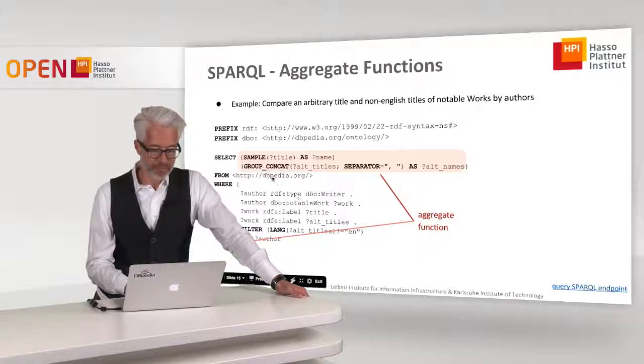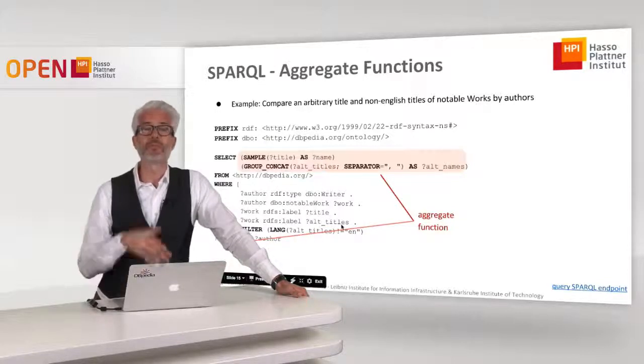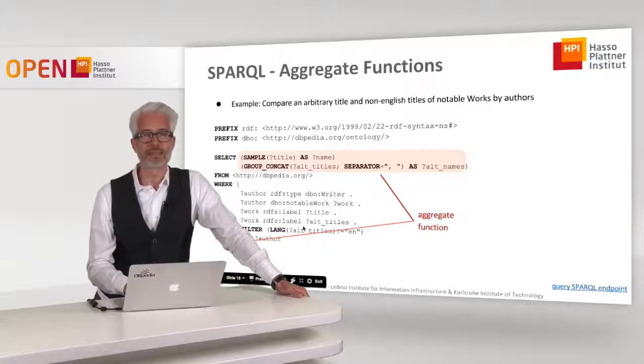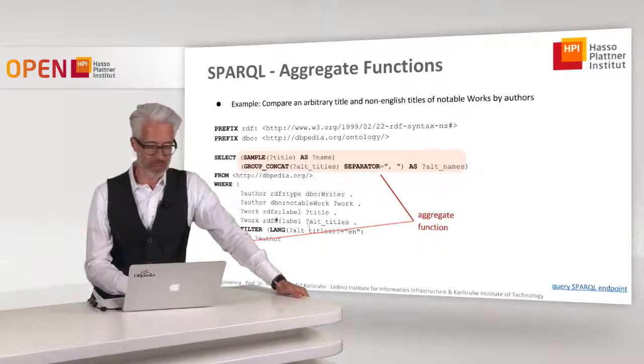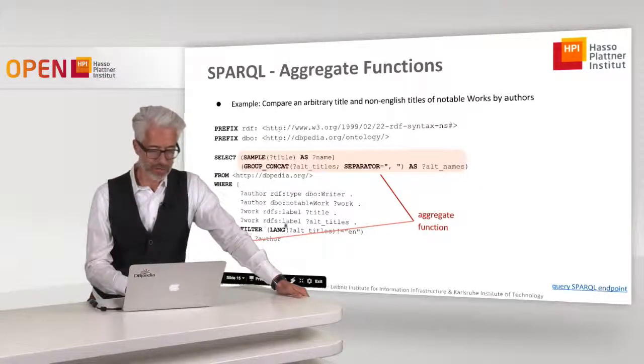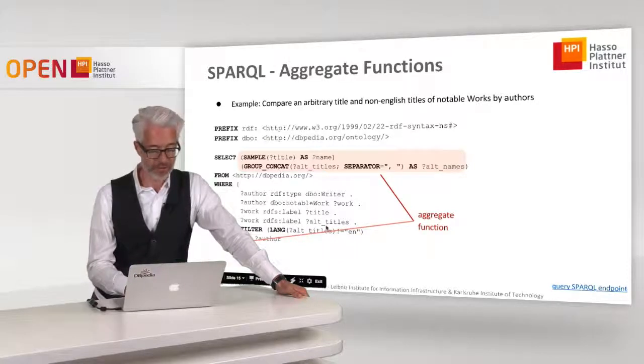And the second one we do a group concatenation also from the title, but not to choose the same one, we want to choose another one, so exactly the same, but we use another variable for that, which means the alternative names, which are all names, which are present here under the RDFS label constraint.